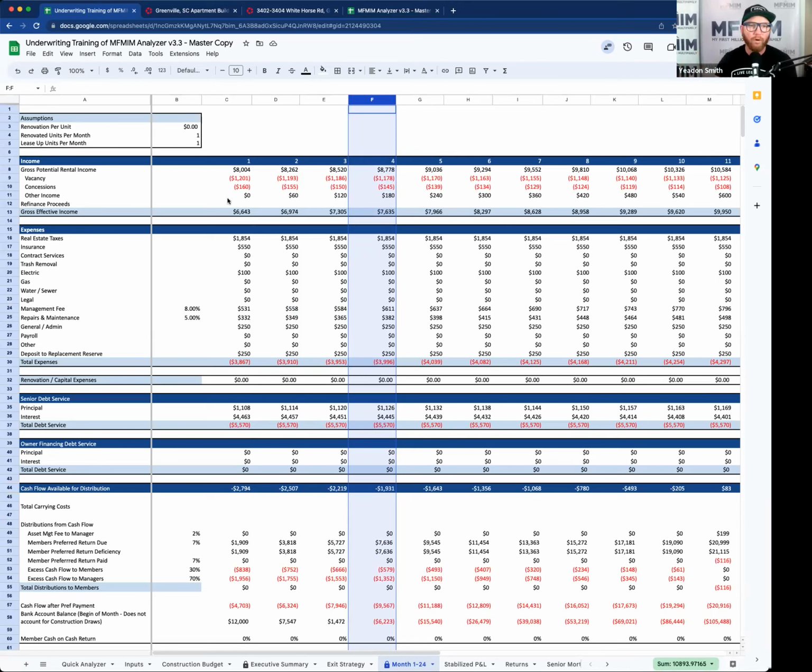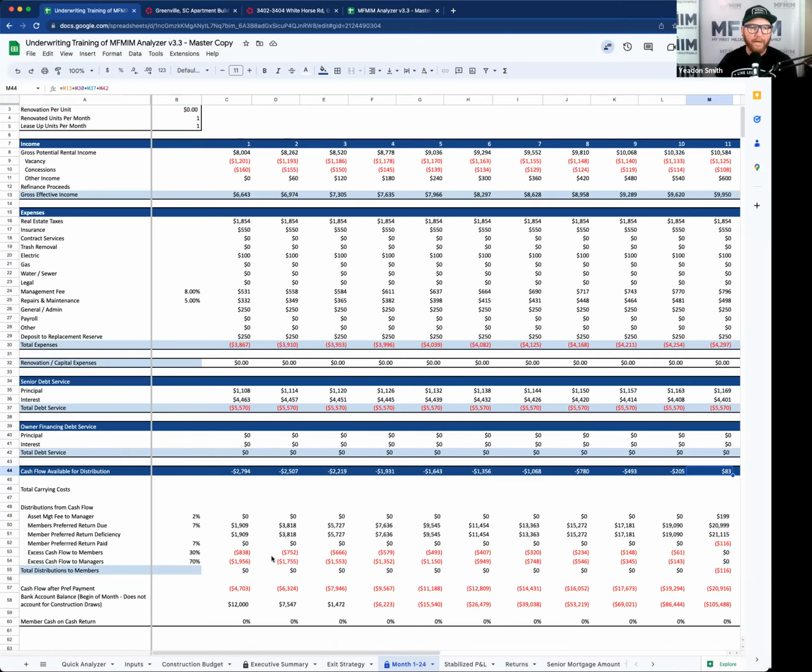So you can see our income is going up steadily by a little bit more than $300 a month. So our cash flow starts negative $2,800, then 25, 22, et cetera, until we get to month 11, where finally the property can pay for itself. It has enough cash to pay all of its operating expenses and pay all the debt service.